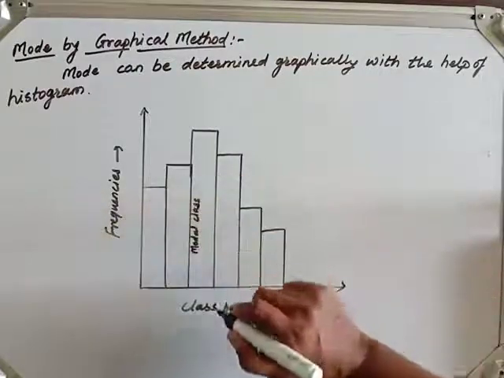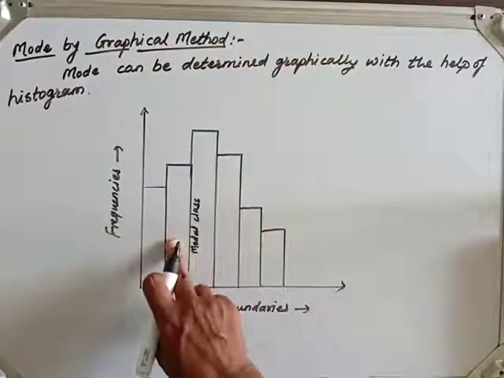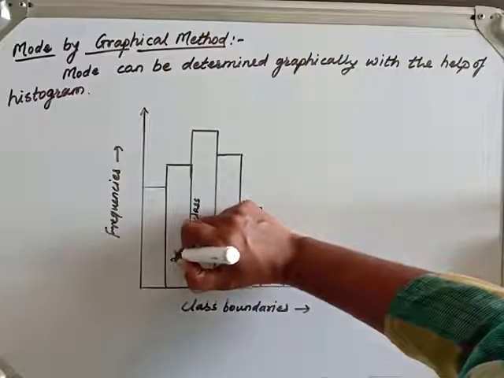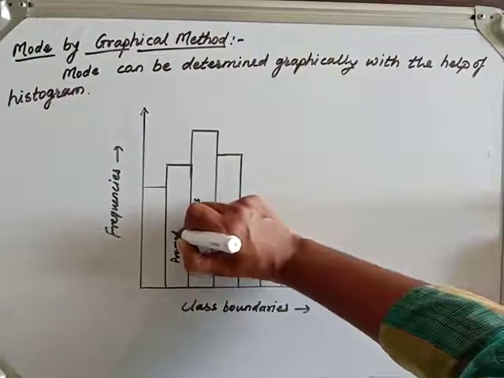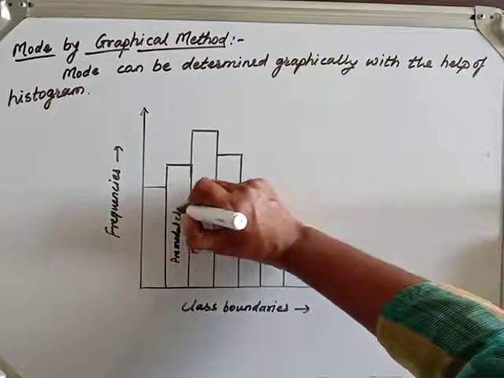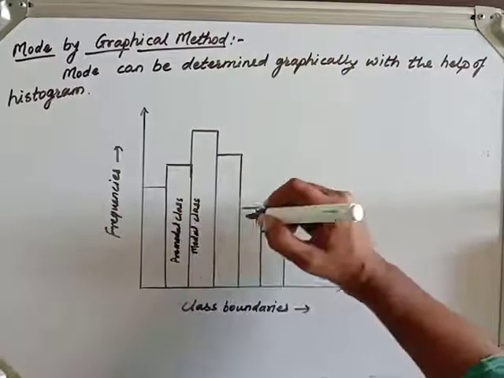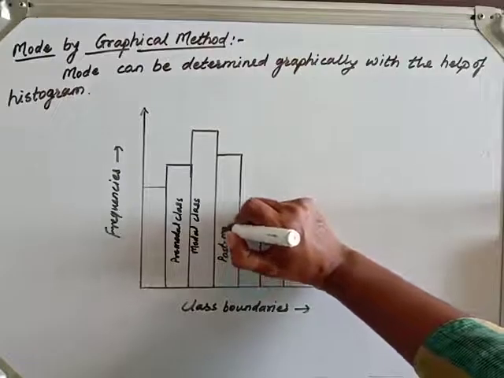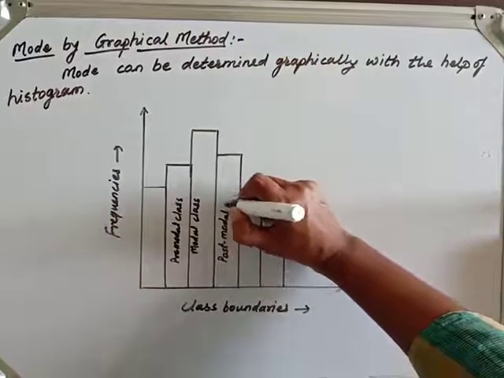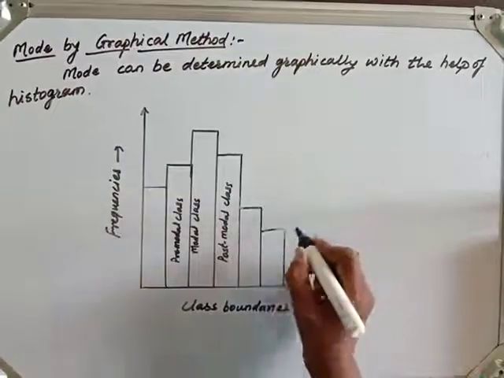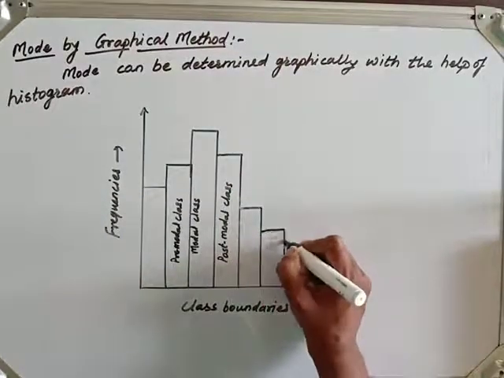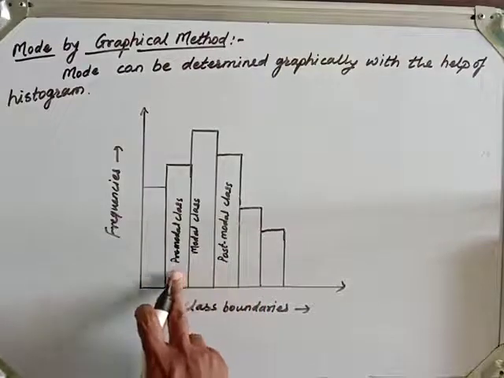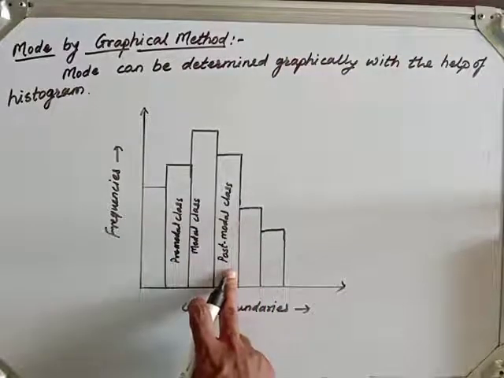Obviously before that will be the pre-modal class, and the class after that will be the post-modal class. In the first step we draw the histogram. In the second step we locate the modal, pre-modal and post-modal classes.